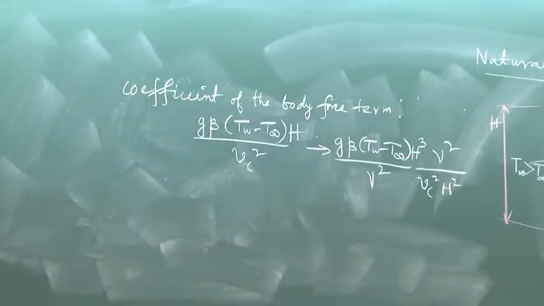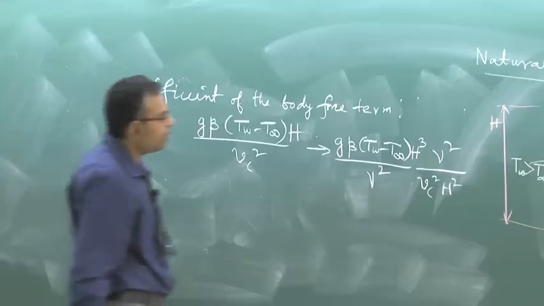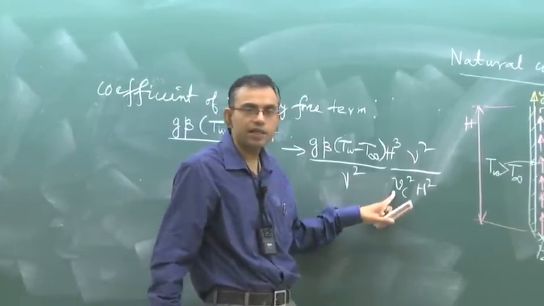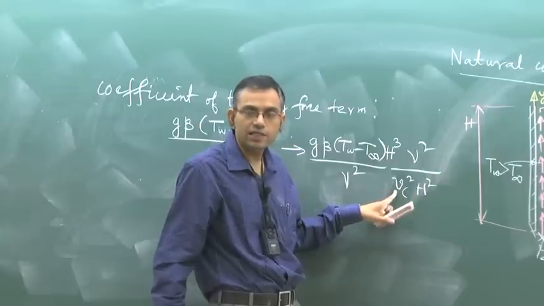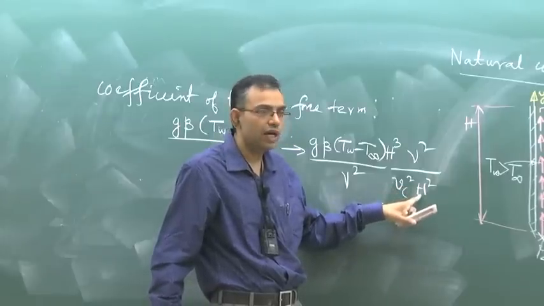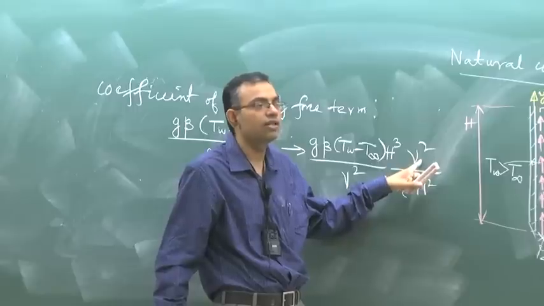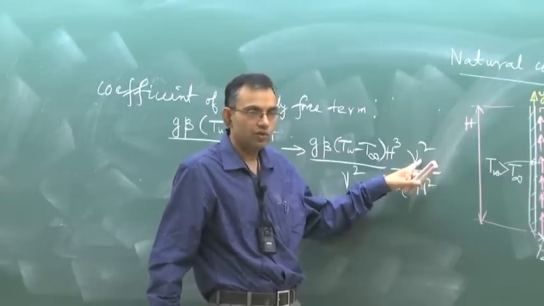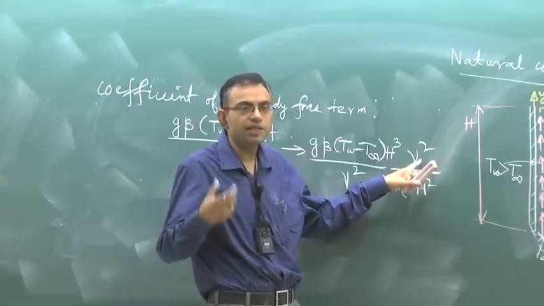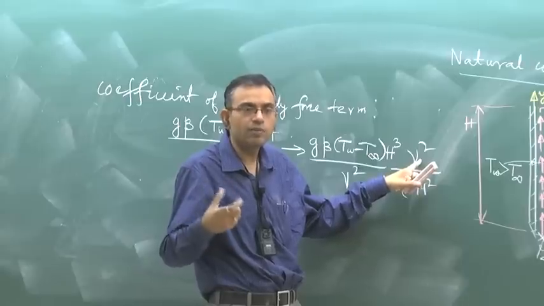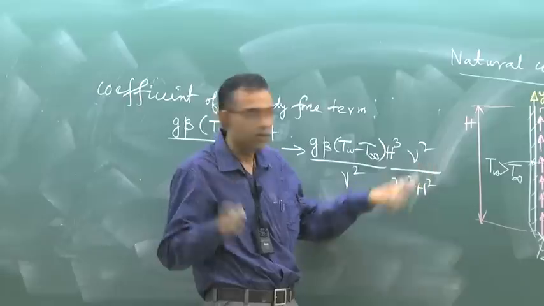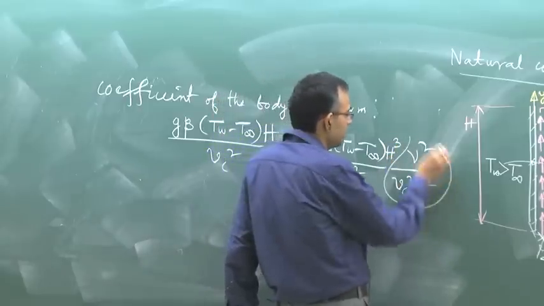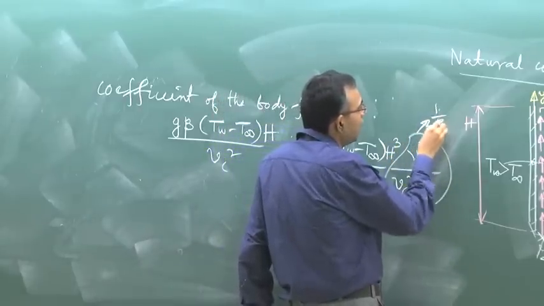So what we have done is, why we have made this manipulation, because characteristic velocity into the length scale divided by nu is the Reynolds number. So if forced convection effects are there in a problem, then Reynolds number may be an important non-dimensional parameter. So this is 1 by Re square.